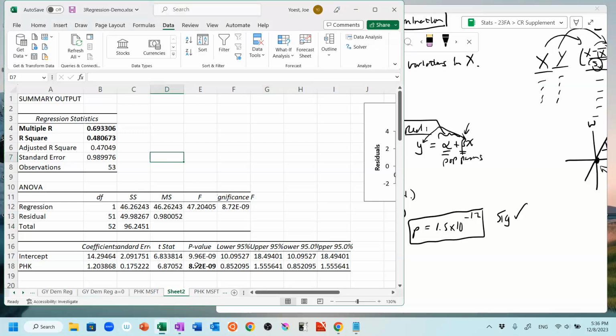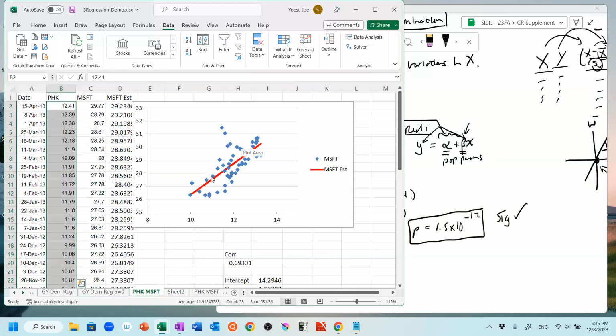So the things I want to check are low p-value, high r squared, and then just kind of a sensibility check, right? I just look at the model and say, does the model seem to do a good job of interpreting the data? Seems to be pretty good. Now, something I might notice here is that pretty consistently from the left to the right side, the data points are, maybe with the exception of these couple up here, a pretty consistent distance away from the line.